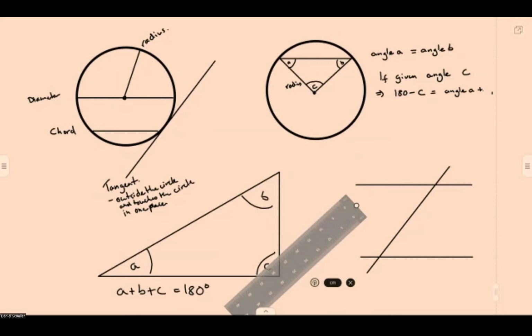This will make more sense when we put numbers to it. Now that total, if we divide that by 2, we'll get either A or B.